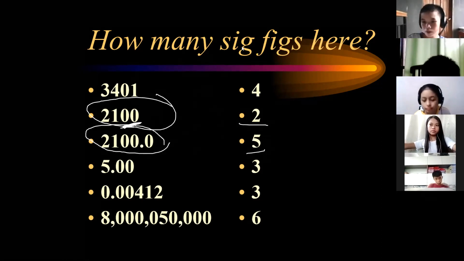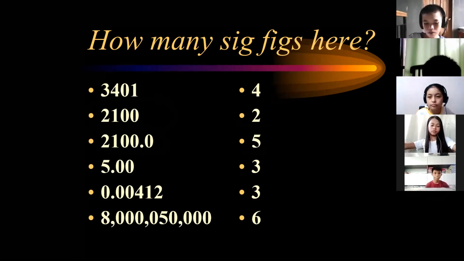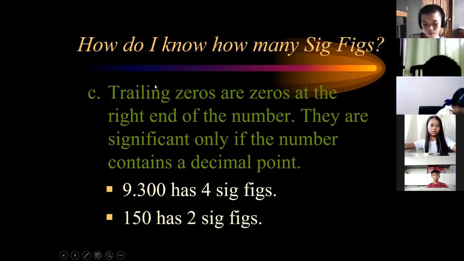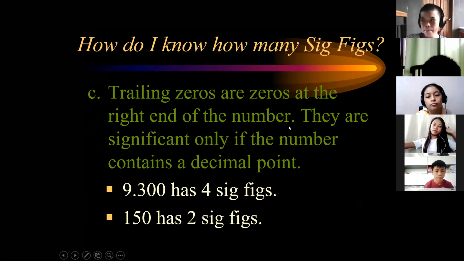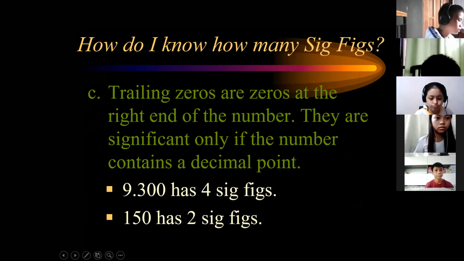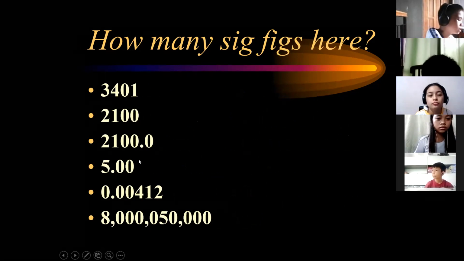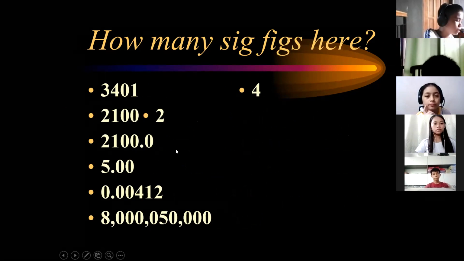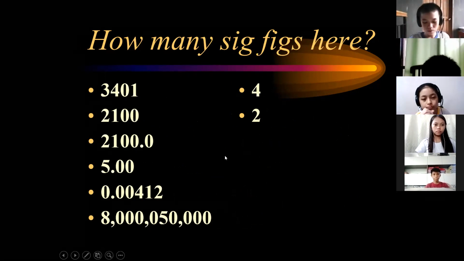If you go back to the previous slide, trailing zeros are zeros at the right of the number, and they are significant only if the number contains a decimal point. That is your only consideration. So this is an insignificant zero, while the next one has significant zeros because of the presence of a decimal point. Similar with 5.00.